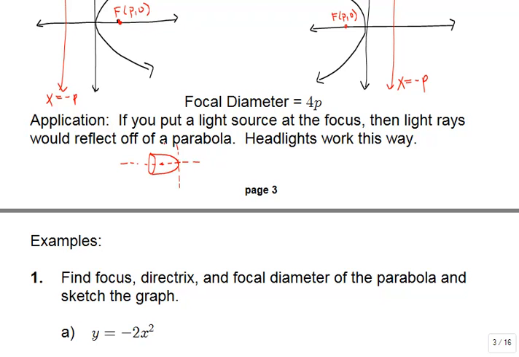And what happens is the light source points towards the vertex, and as a result, because of the curving shape of that parabola, the light is then reflected back out, and that's how our headlights work. And telescopes work exactly the same way. So you do see applications of this focus and this parabola in science and engineering.